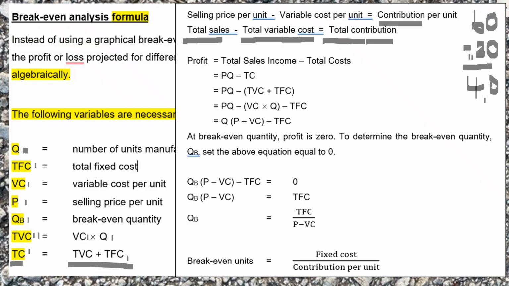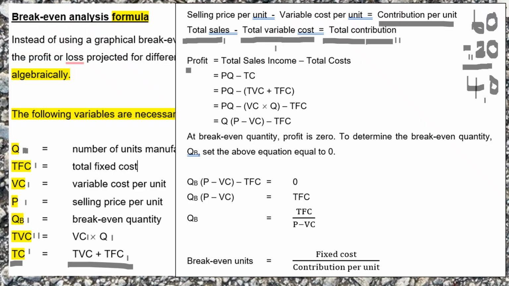They also talk about the total contribution. So you multiply by the quantity, and also the total variable cost multiplied by the quantity. That will give you the total contribution.